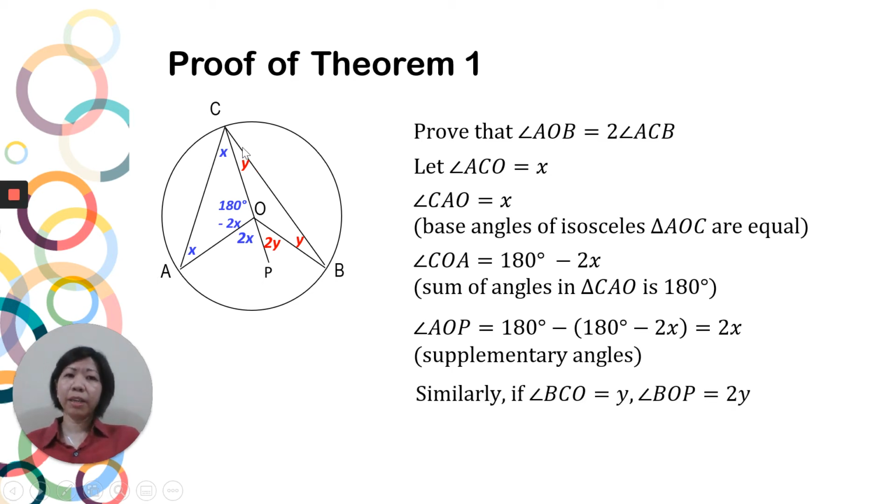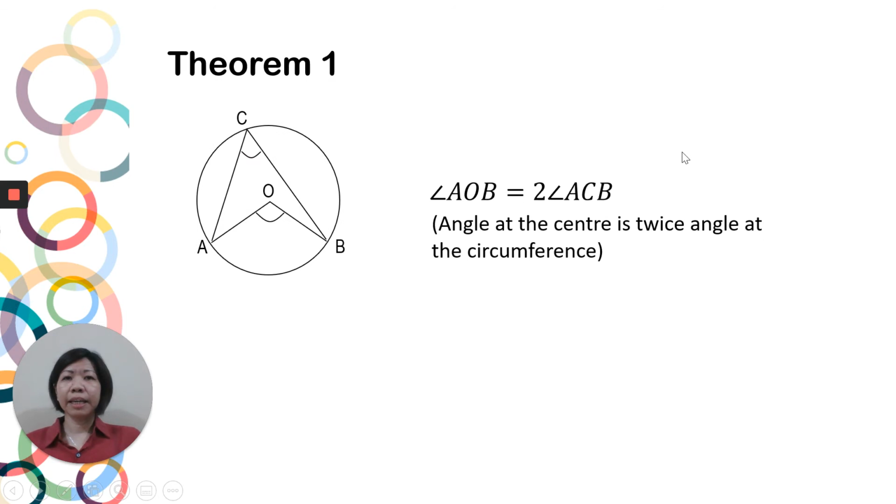So from here, clearly, you can say that angle AOB is twice angle ACB. That is the proof of the first theorem. You may not be required to do the proving all over again, but what you need to do with this theorem is to memorize it and use it in real questions later on.